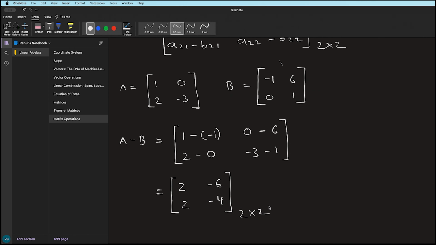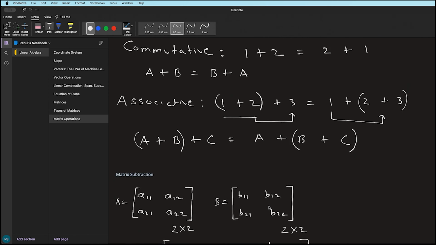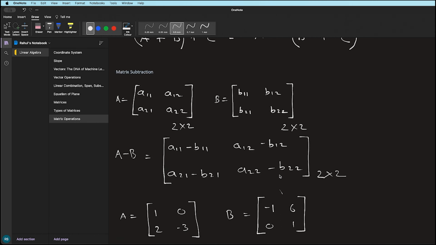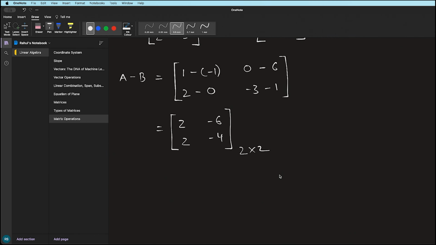In matrix addition, we have studied these two properties, commutative and associative, and we have studied that these properties are valid in matrix addition. But let us study whether these properties are valid for matrix subtraction. Let us find out. First I will check the commutative property.